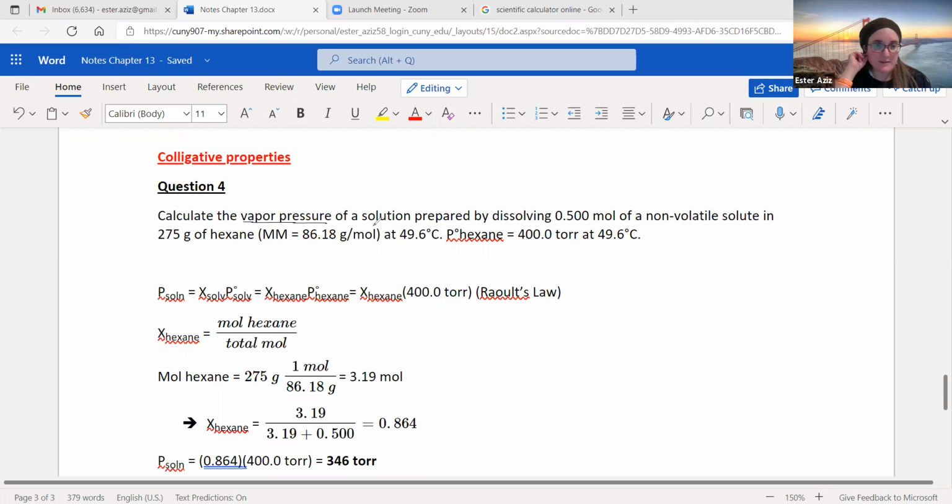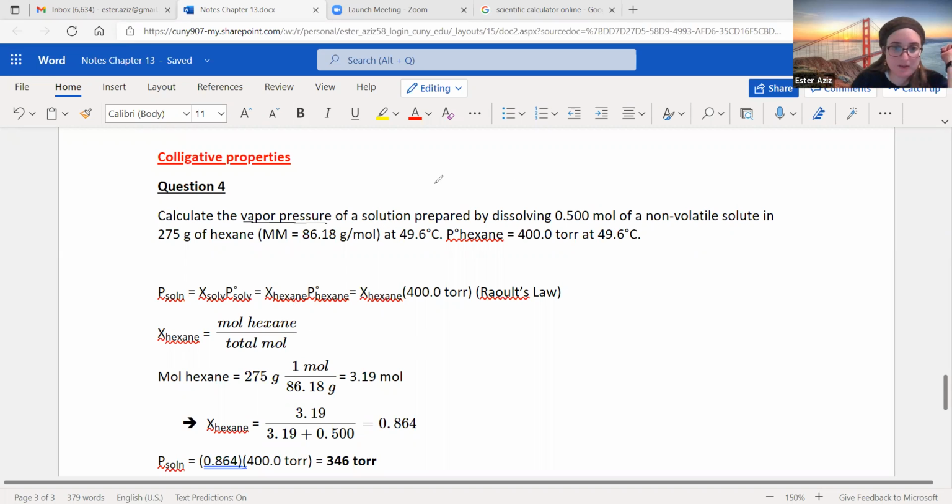All right, so let's actually do a question on this vapor pressure and how it's affected by the adding of a solute. The question says: calculate the vapor pressure of a solution prepared by dissolving 0.5 moles of a non-volatile solute in 275 grams of hexane, and it gives us the molar mass at 49.6 degrees Celsius. And it also gives P with the circle.